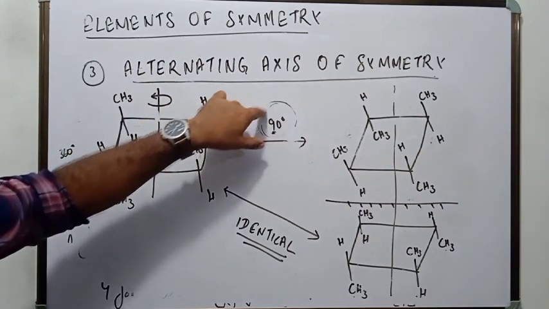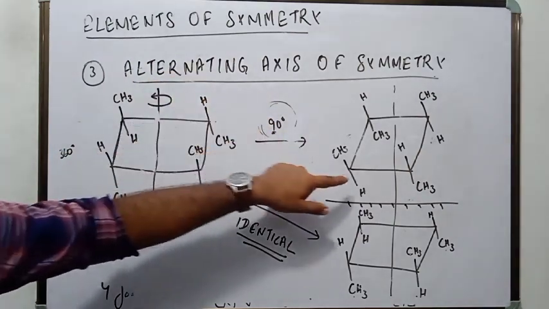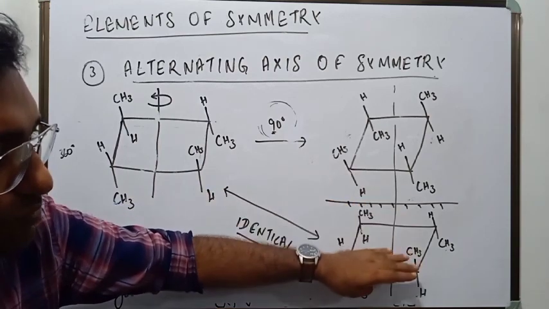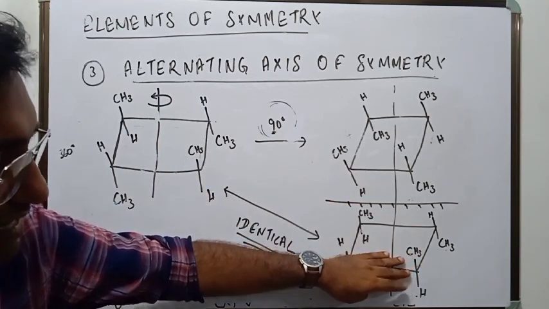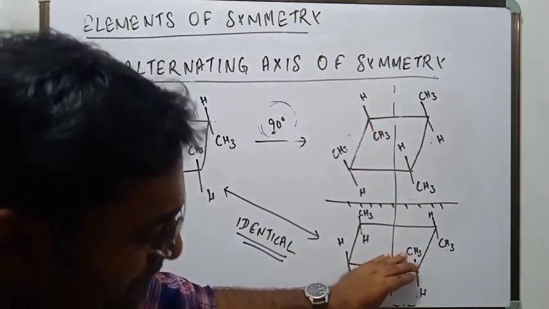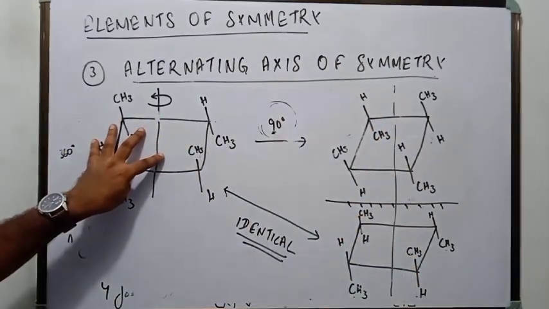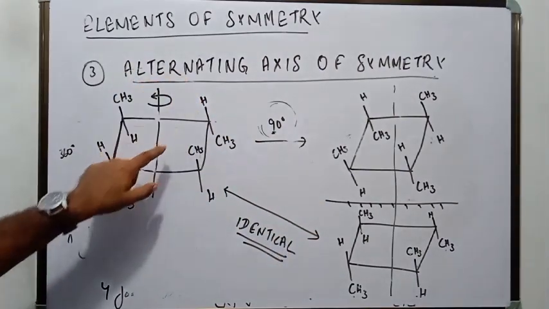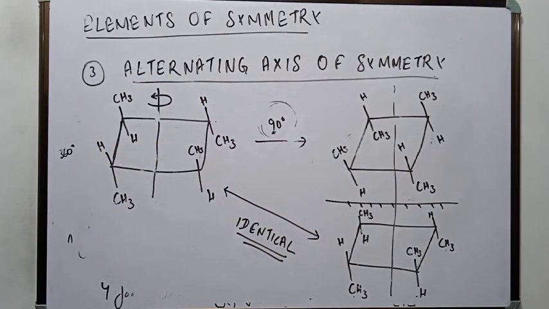After each predetermined rotation, you have to mirror that molecule across the plane perpendicular to the axis. If you get a structure identical to the original structure of the molecule, then that molecule is said to have an alternating axis of symmetry. Then that molecule is achiral in nature. There will be no optical isomer formed, nor any enantiomer.